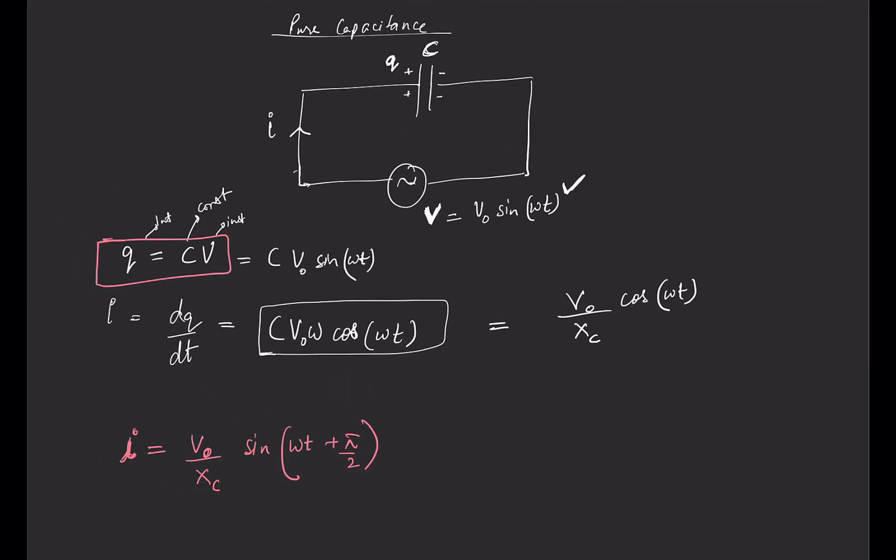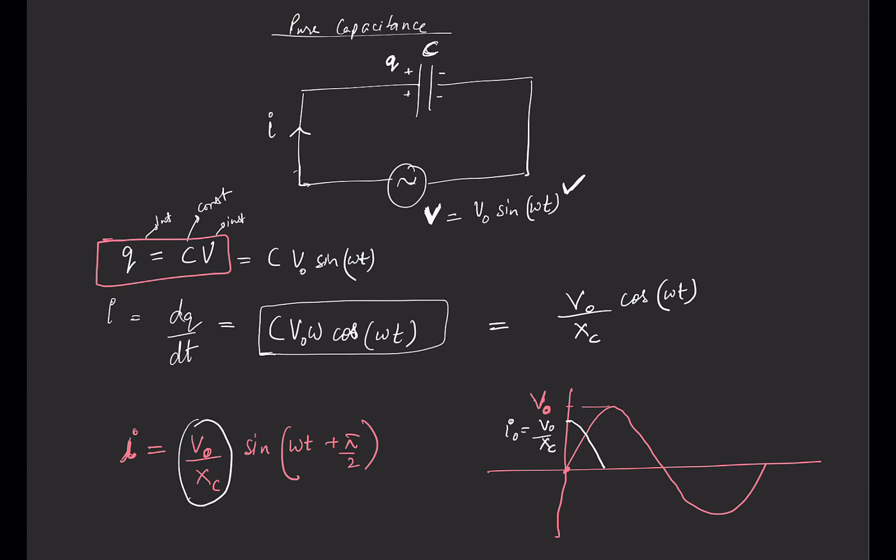This means that if the graph of voltage is something like this, V naught sin omega t, with V naught as the peak value, then the graph of current would be something like this. Firstly, the peak value is less than V naught because we are dividing V naught by Xc. So it's V naught by Xc, which is the peak value of current, I naught.